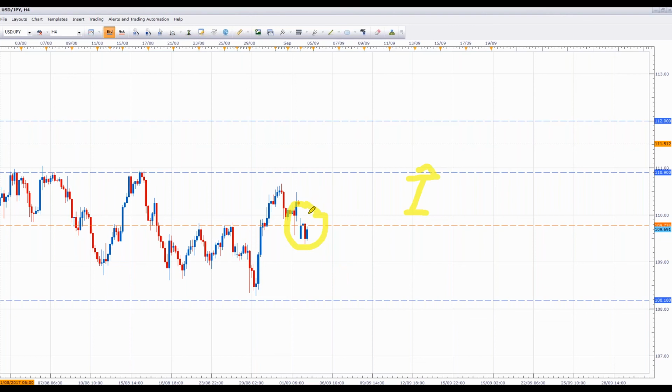So just bear that in mind, because if more provocation or more issues arise from the North Korea situation, traders are showing us that they are actually putting money into the yen. Yes, the yen is a safe haven, I understand that, but it doesn't make sense for that to be a safe haven if Japan itself is directly in the firing line of the conflict, which it would be.